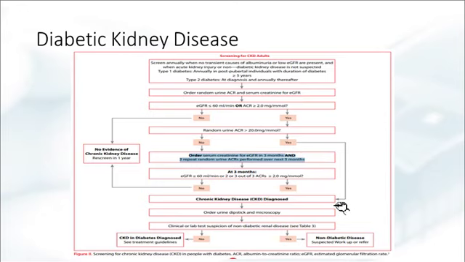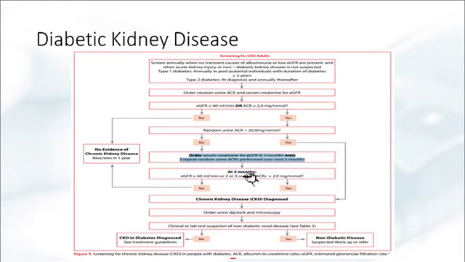If it is greater than 20 milligrams per millimole, then most probably the person has CKD. If it's still less than 20 milligrams per millimole, you'll order your serum creatinine and eGFR in 3 months, and repeat urine albumin to creatinine ratios performed over the next 3 months.